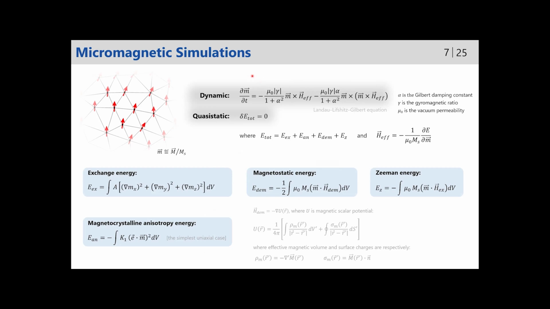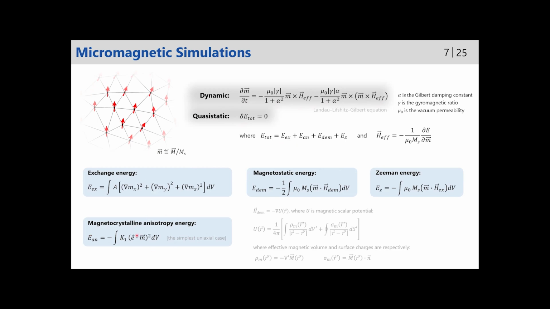It means that micromagnetic simulations address the mesoscale level of describing material, and we discretize the material with finite elements, for example, with a typical mesh size of a couple of nanometers, so it's not an atomistic representation. To define the configuration of magnetization, we should either solve the Landau-Lifshitz-Gilbert equation if we are interested in dynamic behavior, or just minimize the energy, which has different terms, starting from exchange energy, responsible for long-range magnetic ordering.